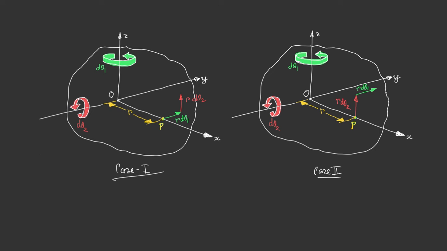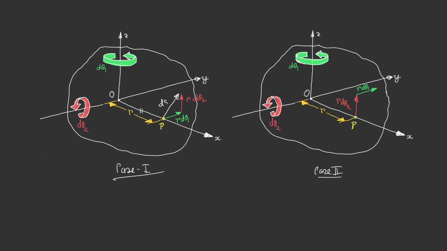If you rotate by d theta 1, with distance OP equal to r, the displacement of the point P is r d theta 1. Then you rotate by d theta 2 about the y axis, so it becomes r d theta 2. The resultant displacement is given by the parallelogram law, and I name it ds.